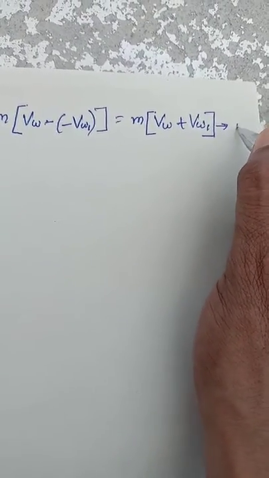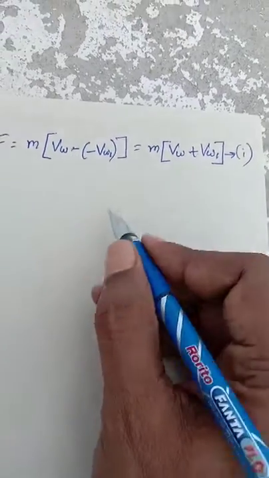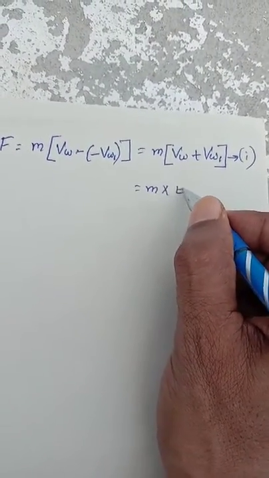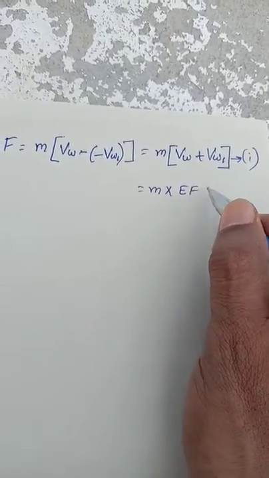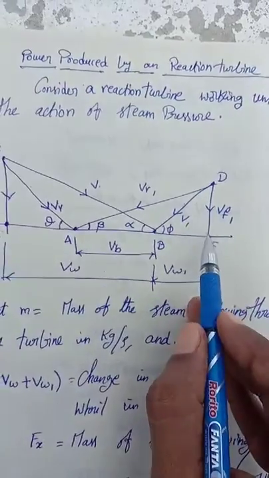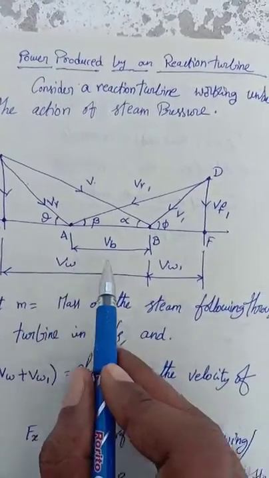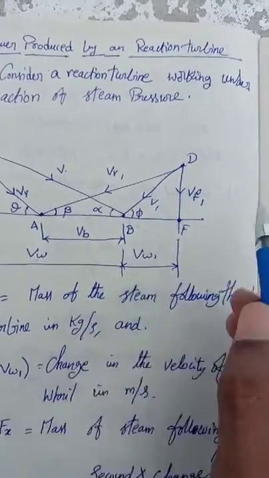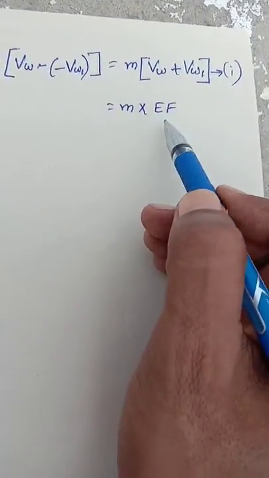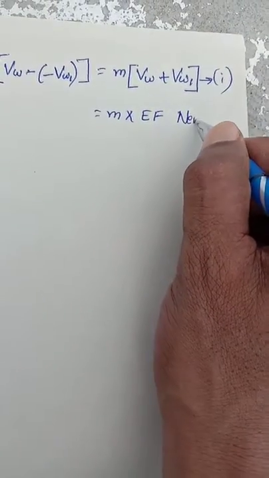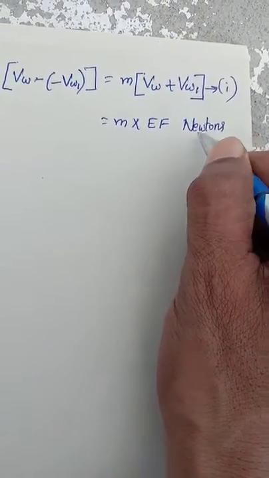I put it here, equation number 1. Then you can write down here into E to F, VW plus VW1. I can write here EF. So the unit is newtons, we know very well.